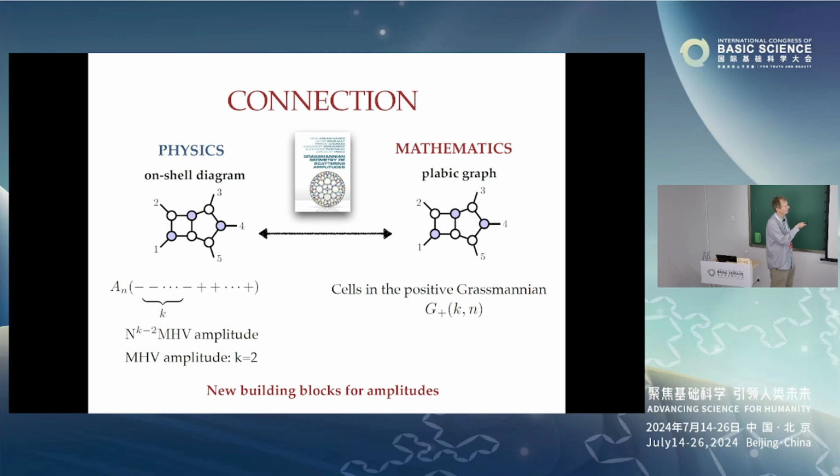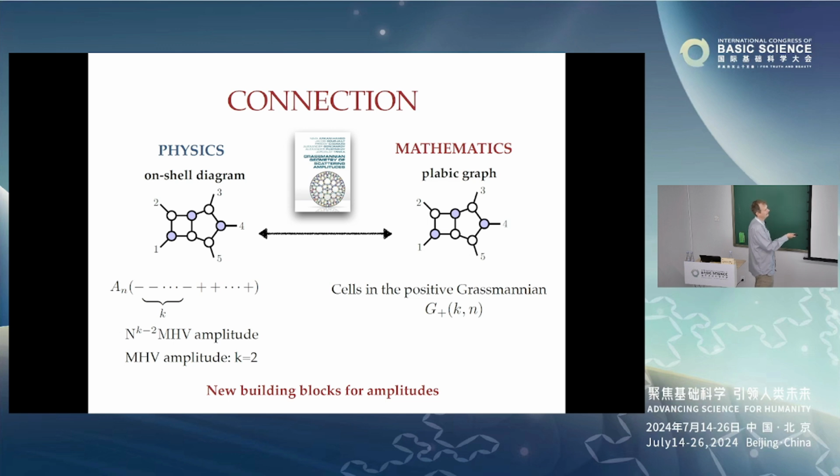It's when you set the propagators to be on shell in the two-loop 5-point amplitude. The internal lines are on shell here. At the same time, they also serve as building blocks for trees in these BCFW recursion relations. So they are new building blocks for amplitudes used for different purposes.